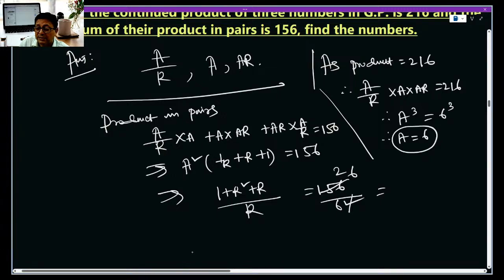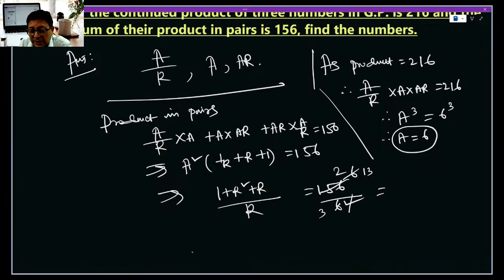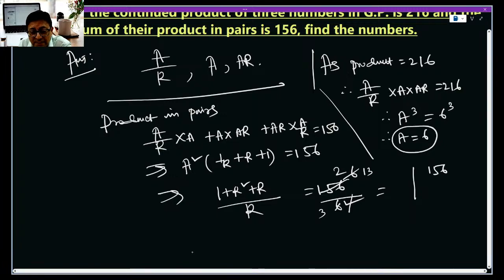Clear? You have to solve for R from this. 6 getting cancelled. You take another one, cancel 13, and this is 3. Understand what I did there? It is 156 by A square. A square is what? 6 into 6.